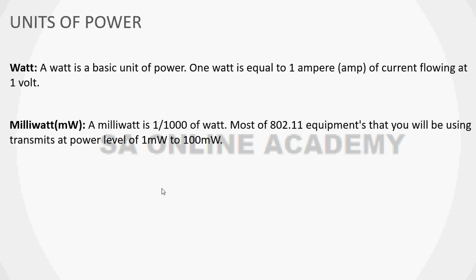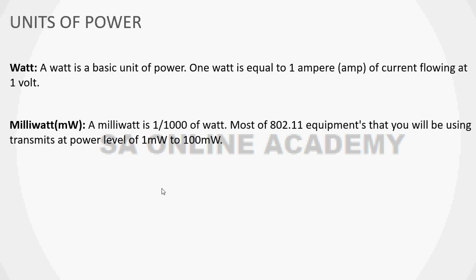So you are applying a pressure of water. As you increase the pressure, it will impact more, and as the amount of water increases, it will also impact more. Same way, 1 watt is equal to 1 ampere of current flowing at 1 volt. So either you increase the ampere or you increase the volt, either way the watt will increase. This is the analogy to watt, but you need not go into that much detail. This is just to understand what you are dealing with.